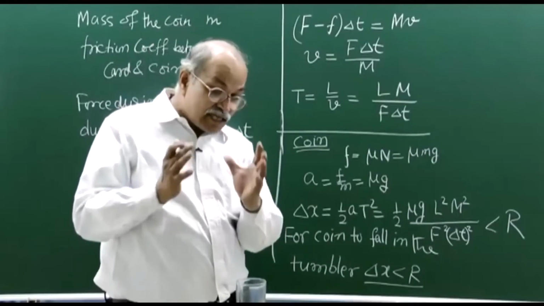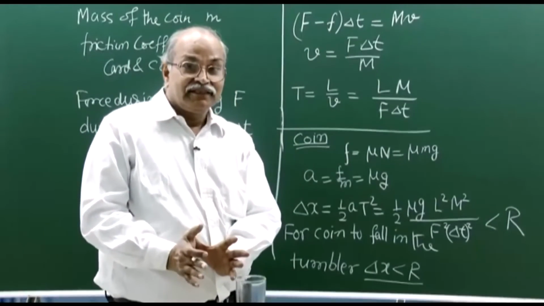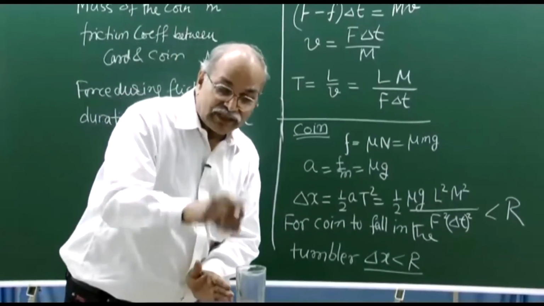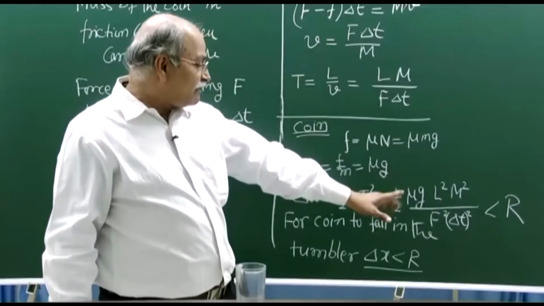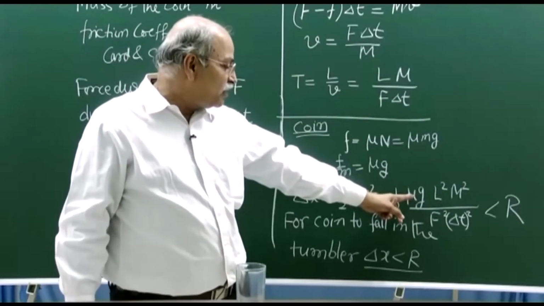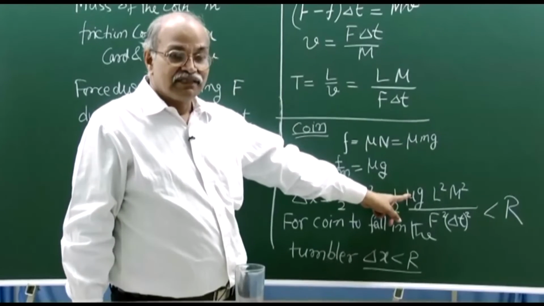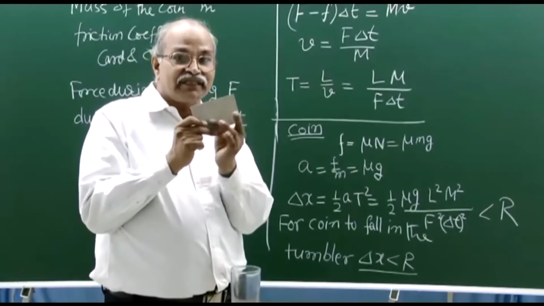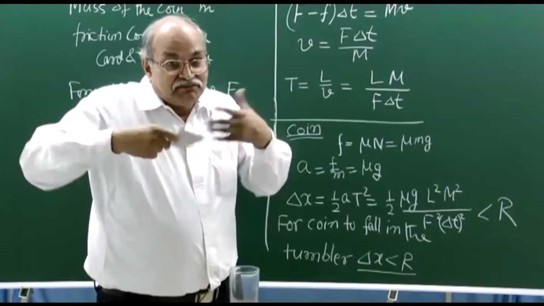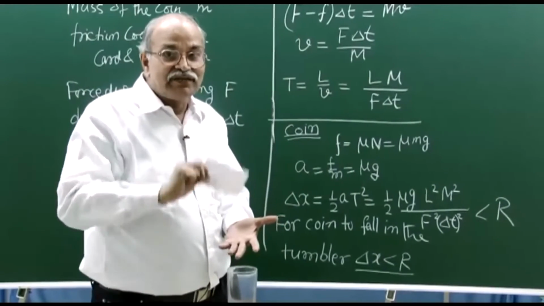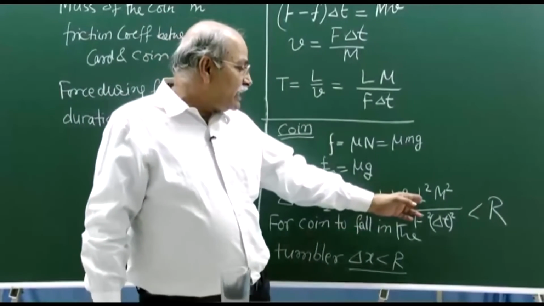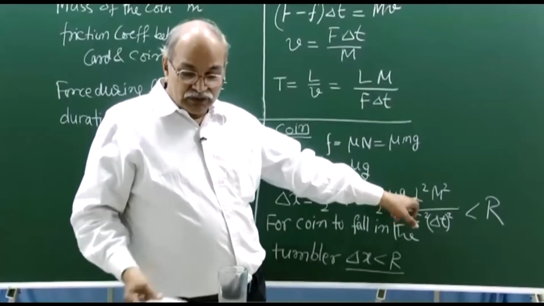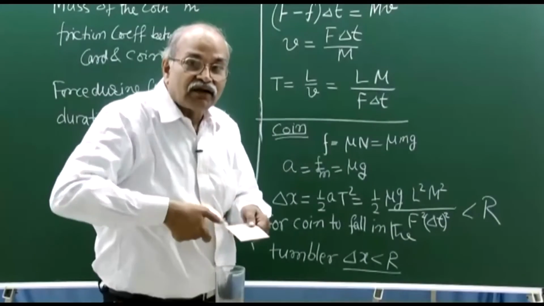So, for a successful demonstration, so that the coin does fall in the tumbler, what should you have? You should have a smaller frictional coefficient. So, the card should have a smoother surface. Smoother the surface, more likely the coin is to go into the tumbler. Similarly, this length should be small. You should not take a long card.